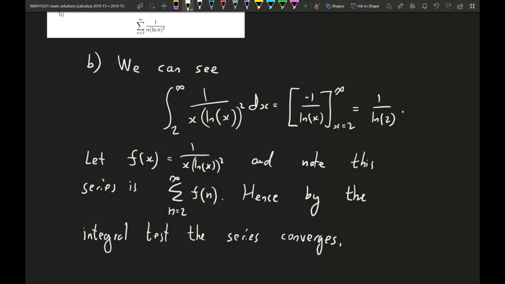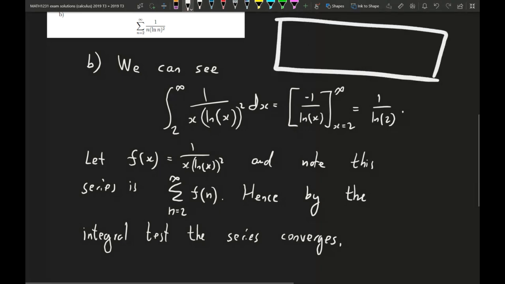If you want to know why, if I was looking at the integral of 1 over log of x squared dx, well, log goes to 0 quite slowly, so this is going to be bigger than the integral of 1 over x for some appropriate range of x, so it just won't work.